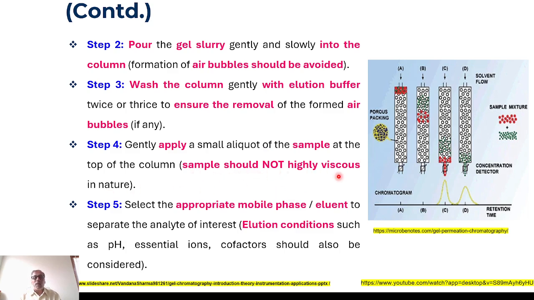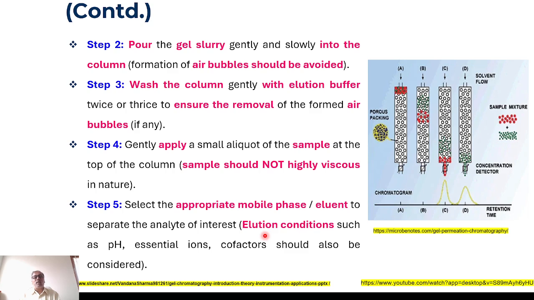And you see the main important point, the sample should not be viscous, it should be very clear. You select appropriate mobile phase or eluent, and then you add the eluent or the mobile phase to the top of the sample. So what happens, you see the mobile phase will carry the heterogeneous mixture which contains different types of large molecular weight molecules.